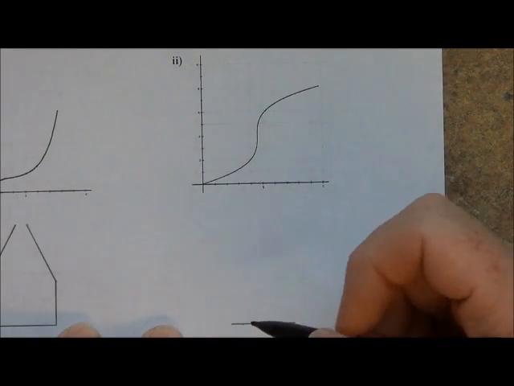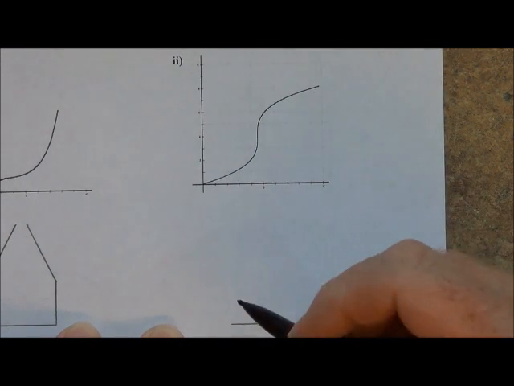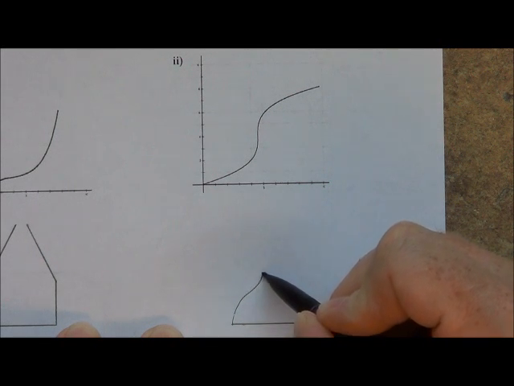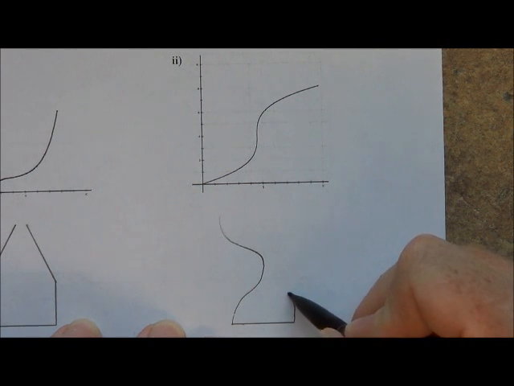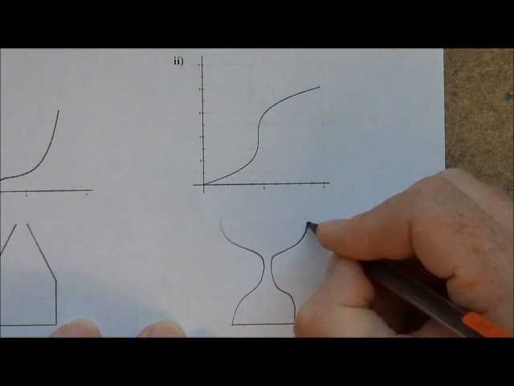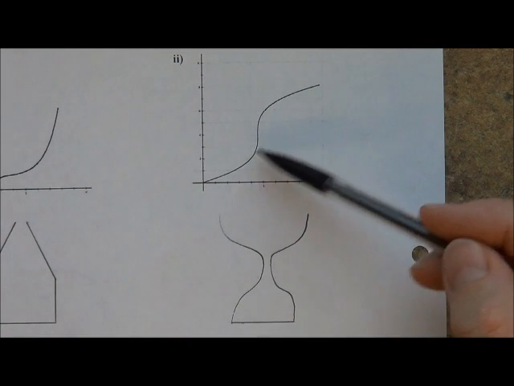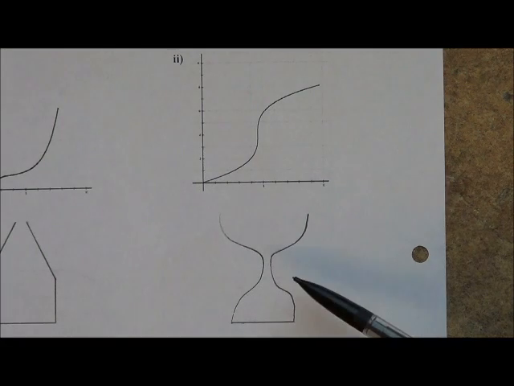There are a few different ways it could look, but I think I'm going to draw it like this. It looks something like that. I am no artiste, but that's how I feel this graph would be representing the water level in that vase.